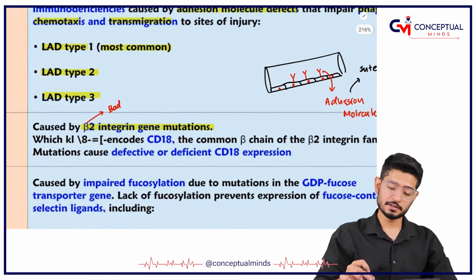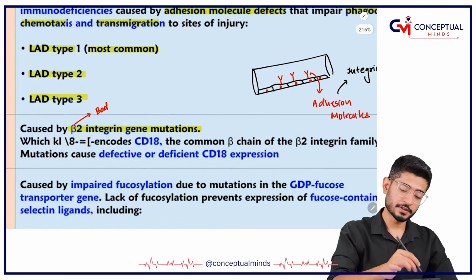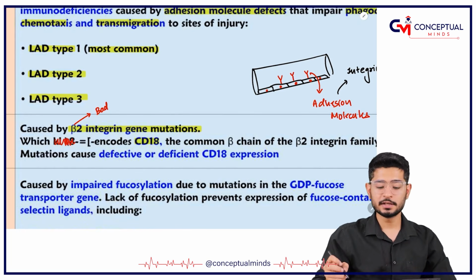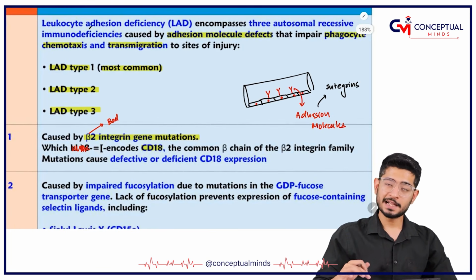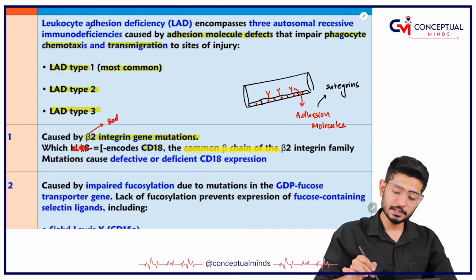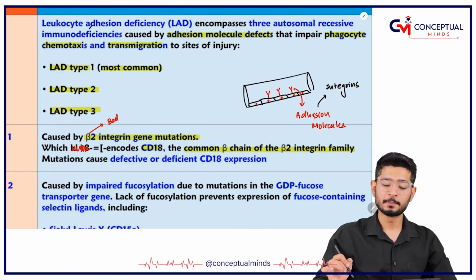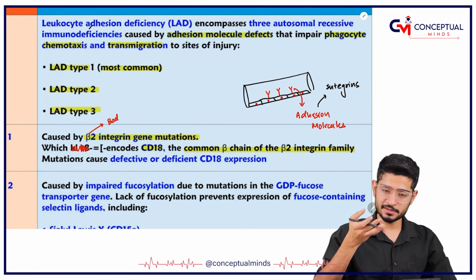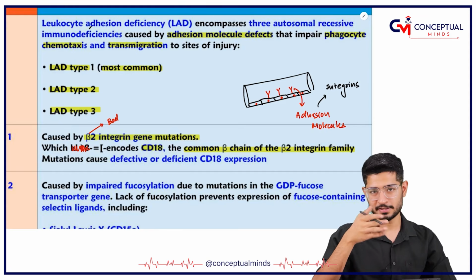Which is actually responsible for encoding CD18, and CD18 is actually the beta chain of the beta 2 integrin family. Basically integrins are nothing but proteins, and they have chains like alpha chain, beta chain.